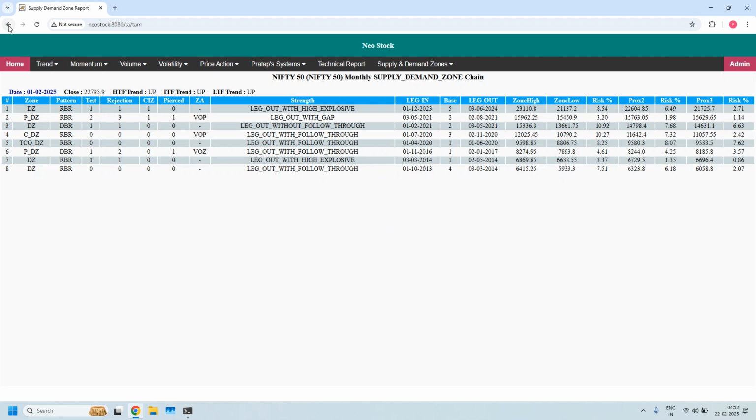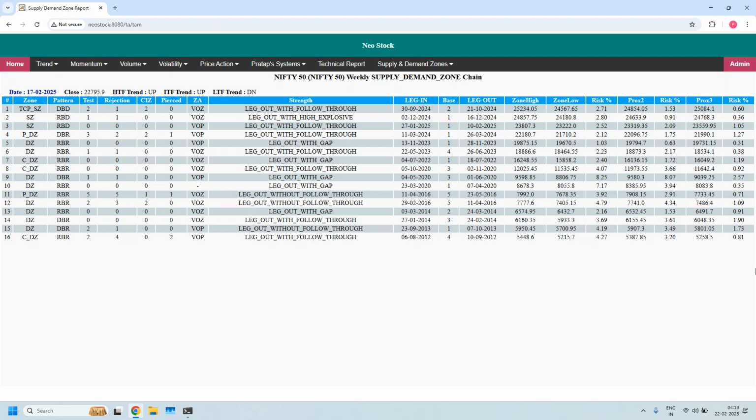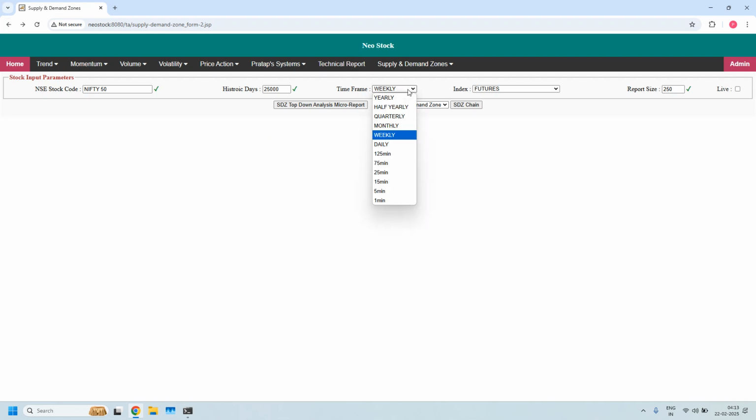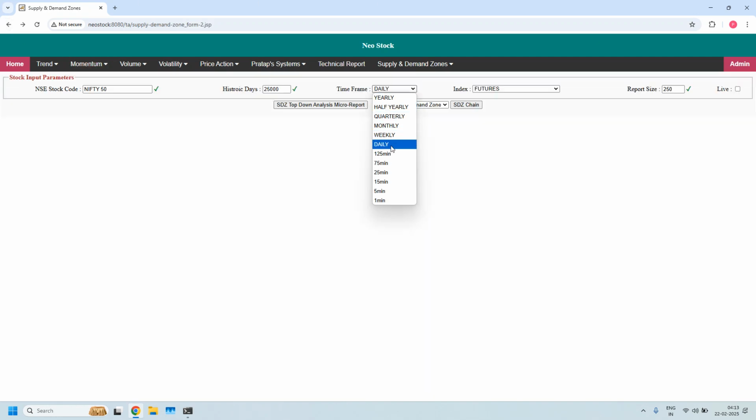Okay, next, weekly supply demand zone chain for NIFTY. Next, daily supply demand zone chain for NIFTY. Next, 125-minute supply demand zone chain for NIFTY.